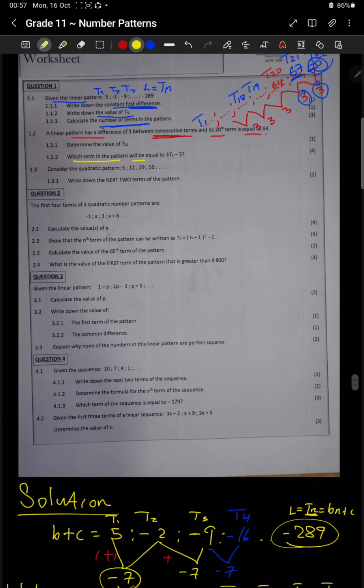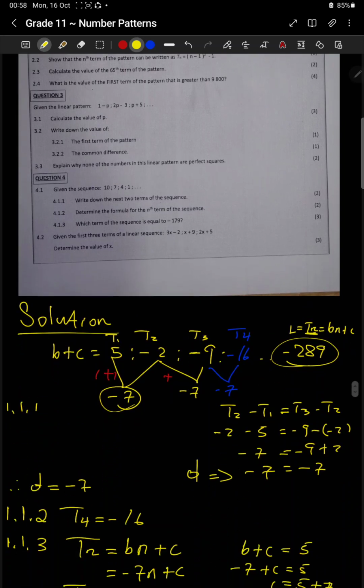Okay, so they say that T5 over here, so we need to multiply that T5 by 3 and minus 2. All right, so that means we will have to first determine the formula for those consecutive terms, that is from T20 up to T22. So how do we then find the formula there?